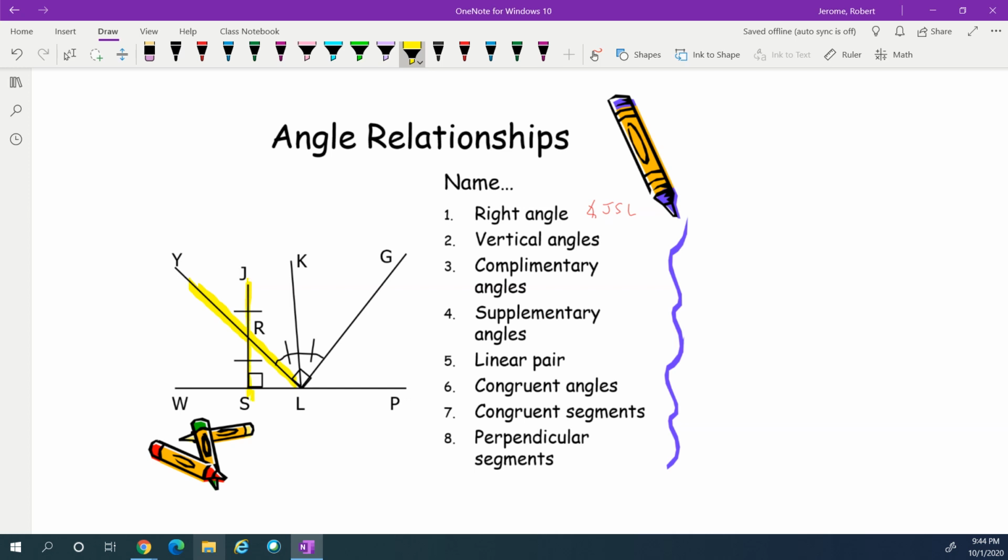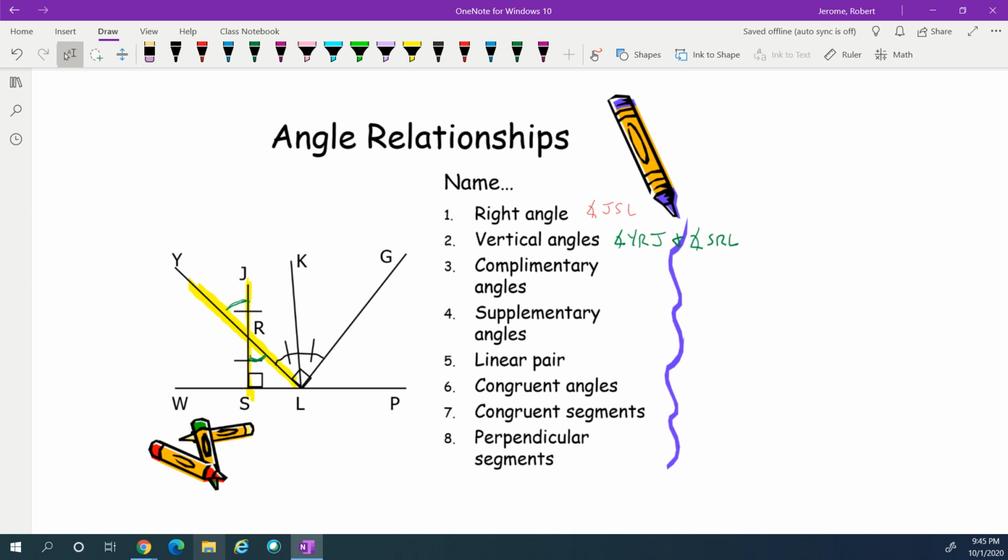So we want the opposite angles of that X. For example, maybe we'll take the top and the bottom angles. So angle YRJ and angle SRL. That's a pair of vertical angles.